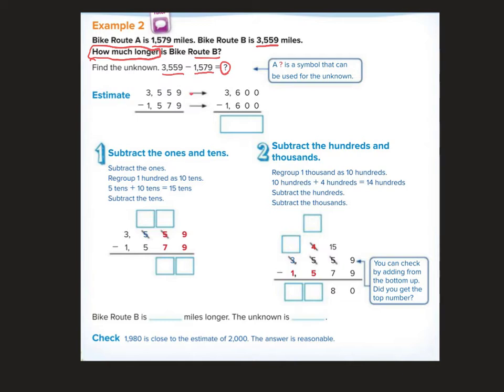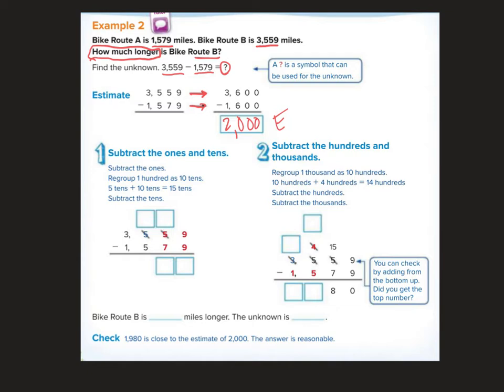So first let's estimate. 3,559 is about 3,600. And 1,579 is about 1,600. So I'd get 2,000 is my estimate. Is how many miles longer.